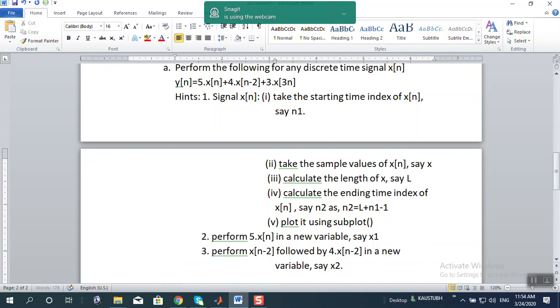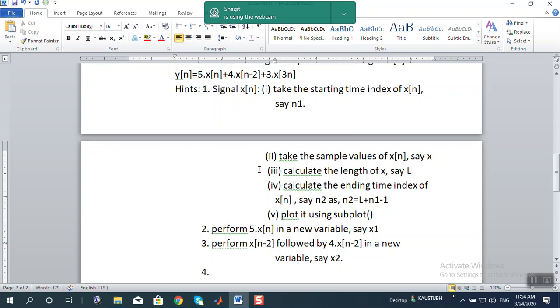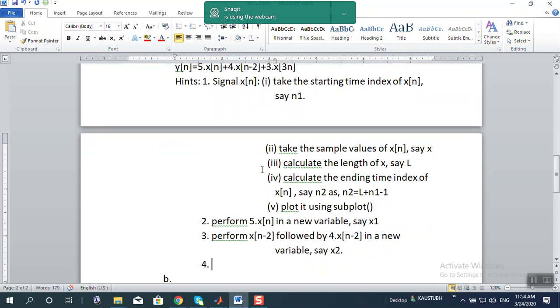Then next, perform x of 3n, this is the scaling we already did, followed by 3 into x of 3n in a new variable, say x3.